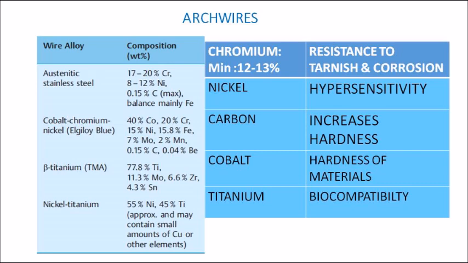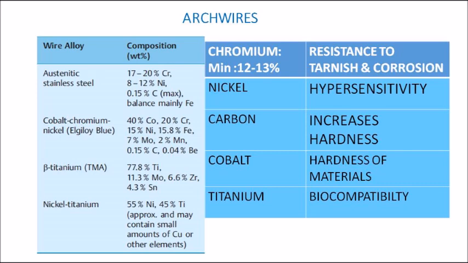Austenitic stainless steel is also called 18-8 stainless steel, with a composition of 17 to 20 percentage chromium, 8 to 12 percentage nickel, and 0.15 percentage carbon, and the balance mainly composed of iron.